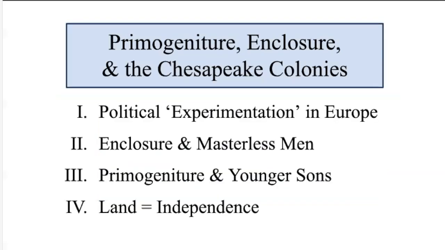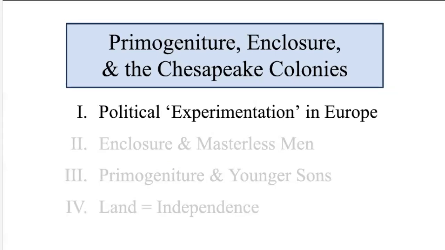I've broken this lecture into 4 parts: political experimentation in Europe, enclosure and masterless men, primogeniture and younger sons, and land equals independence.